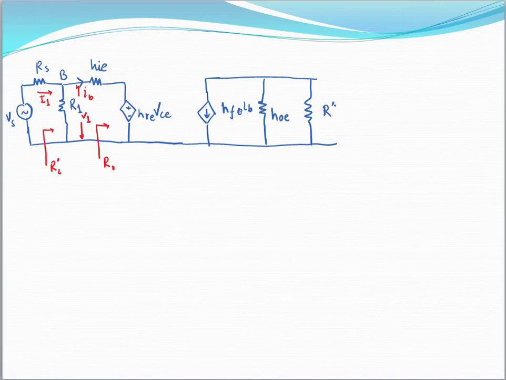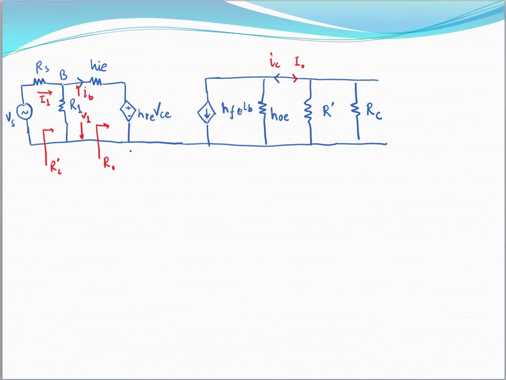This is R dash and this is RC, because the output is taken from RC. IC current will flow here, and in opposite to IC we will consider I0 will flow here.